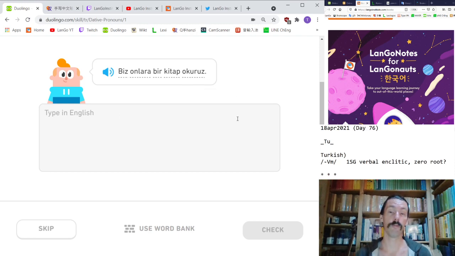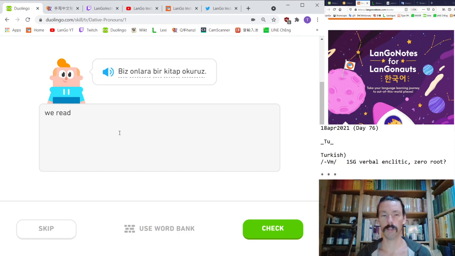If it's at the end of a phrase, you can hear clearly the r devoices. Between vowels, it's going to be a voiced one. But biz seems to be distinct, if there is even a word-final s. Clearly voiced in coda there. Let's hear the sentence-final one. Maybe devoiced there. Okay, so it's biz, we, okuruz, we read.